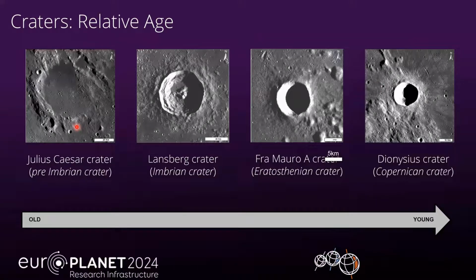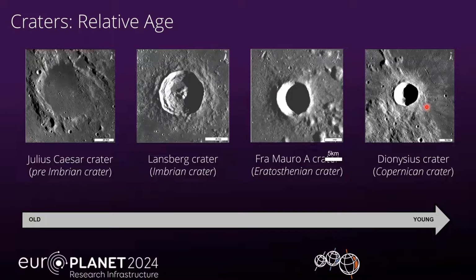Okay, so we have these pre-Imbrium craters that are really degraded, these Imbrium craters that are somewhat degraded, that the ejecta is basically almost gone. Then we have Eratosthenian craters, which have even sharper rims, and they have more visible and larger extent of ejecta still, although you can see that it's a bit more degraded. And then for the Copernican craters, these are the youngest ones.